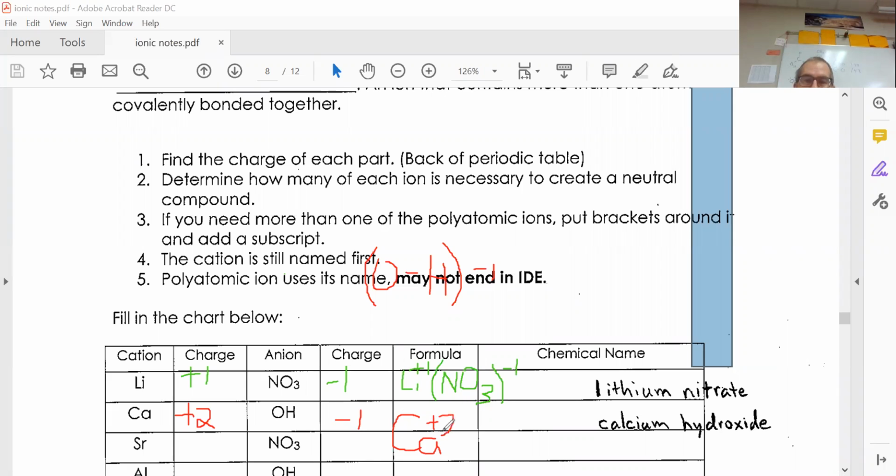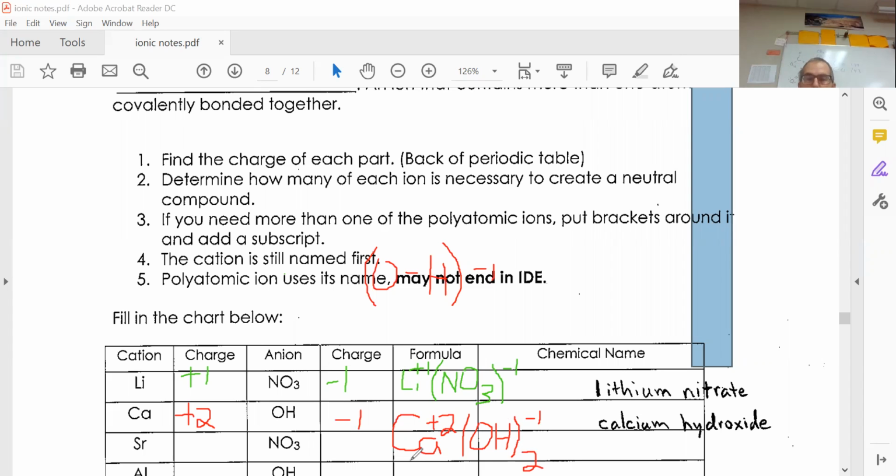And OH, because it's a conglomerate, or a polyatomic, some combined entity, I'm going to say it's OH in parentheses, and I'm going to say that's -1. Well, if you got a +2 here, you got a -1 here, you need two things at -1 to balance one thing at +2.